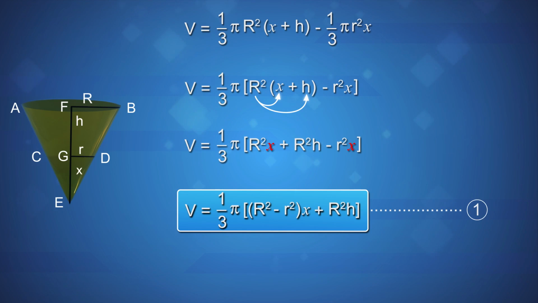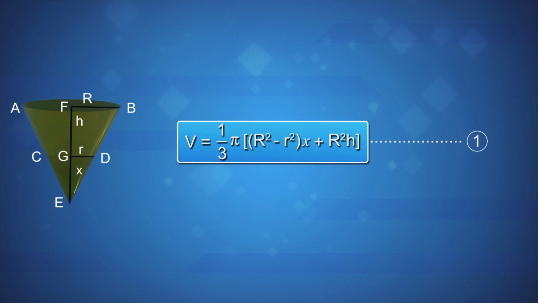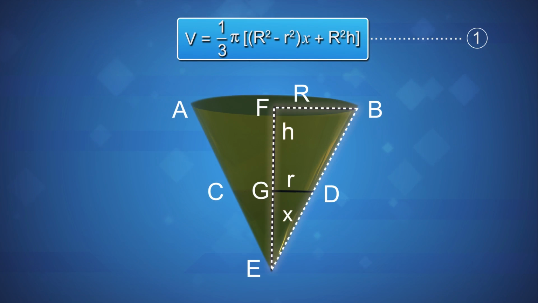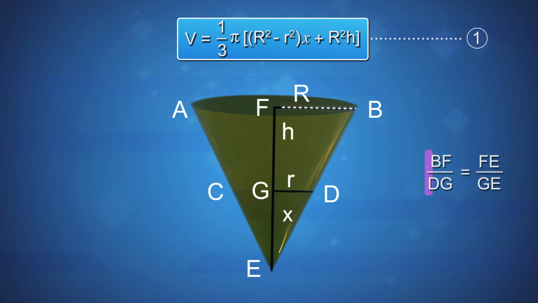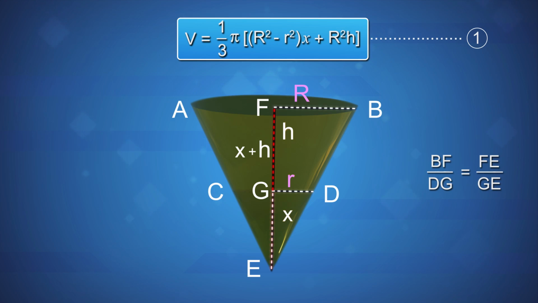From this figure, we can see the similarity between triangle BFE and triangle DGE. Therefore, BF by DG is equal to FE by GE. From this, it's clear that BF is equal to capital R, DG is equal to small r, FE is equal to x plus h, and GE is equal to x.